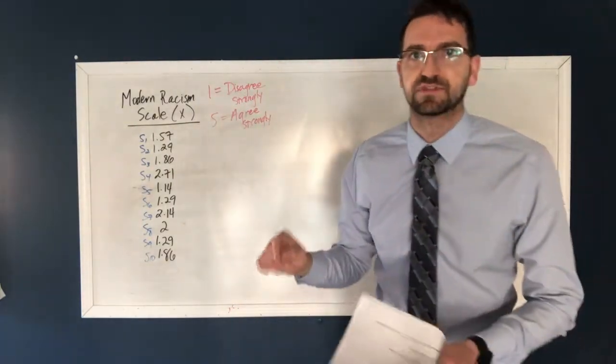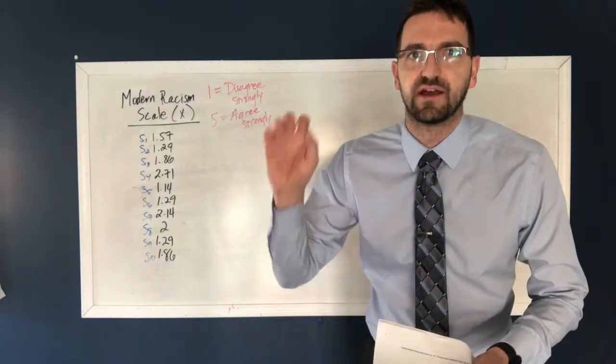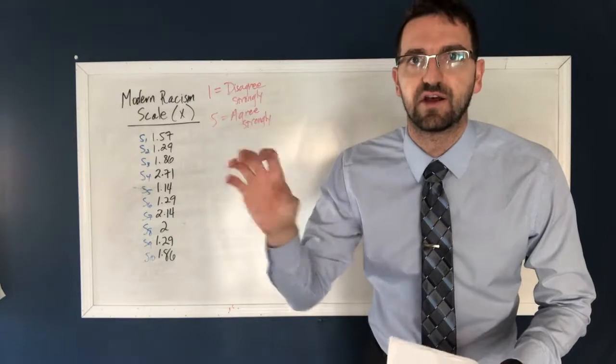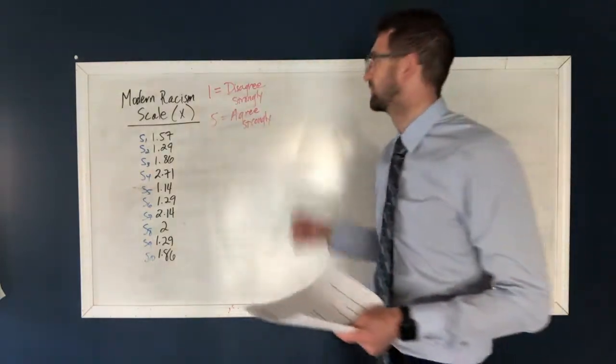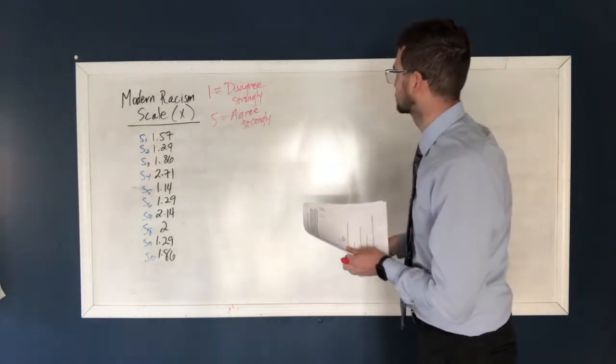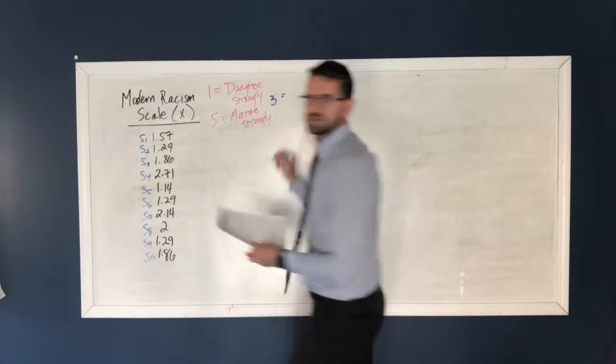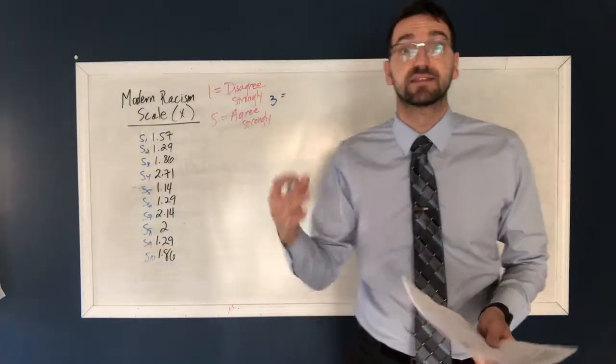The highest possible score is a 5. So if a participant scores 5 on all the items, you take an average, they get a 5. So there's a middle point. The midpoint of the scale is 3.